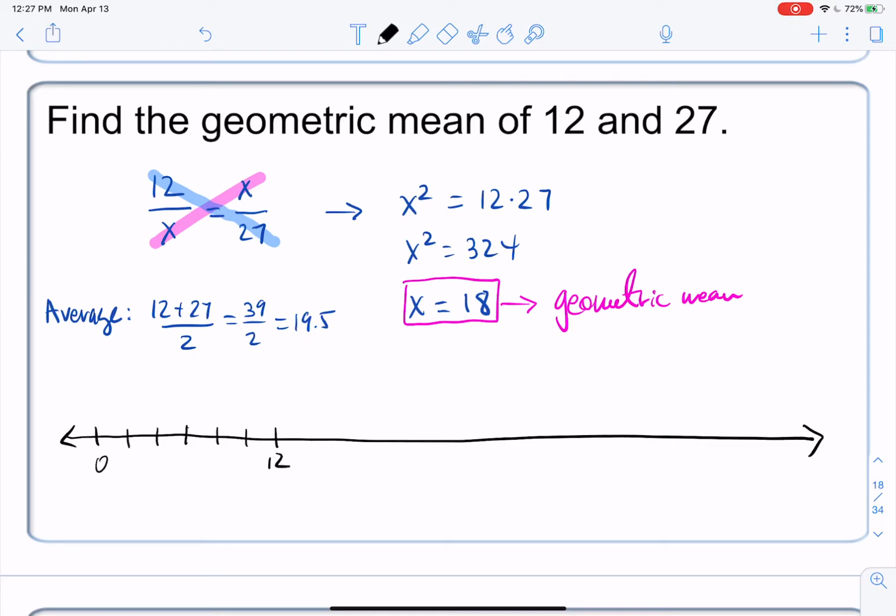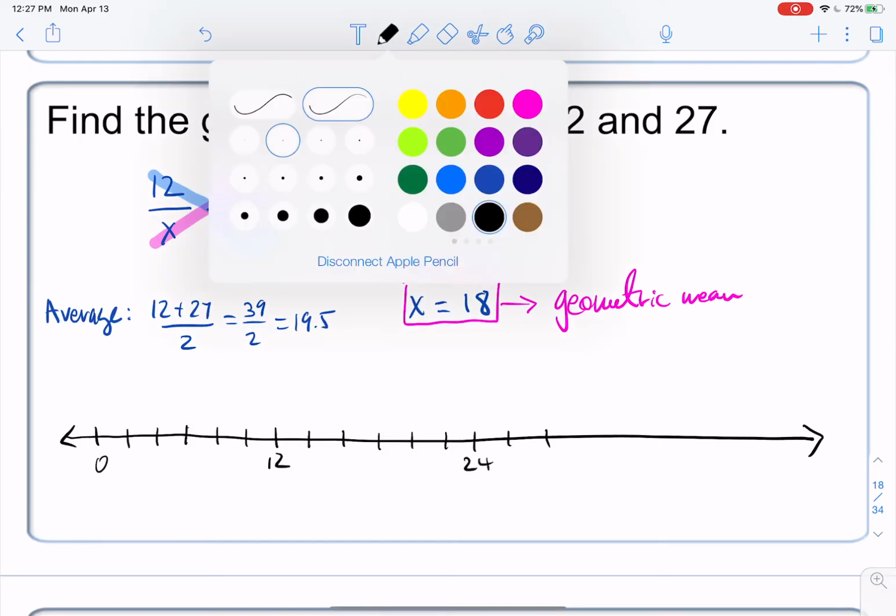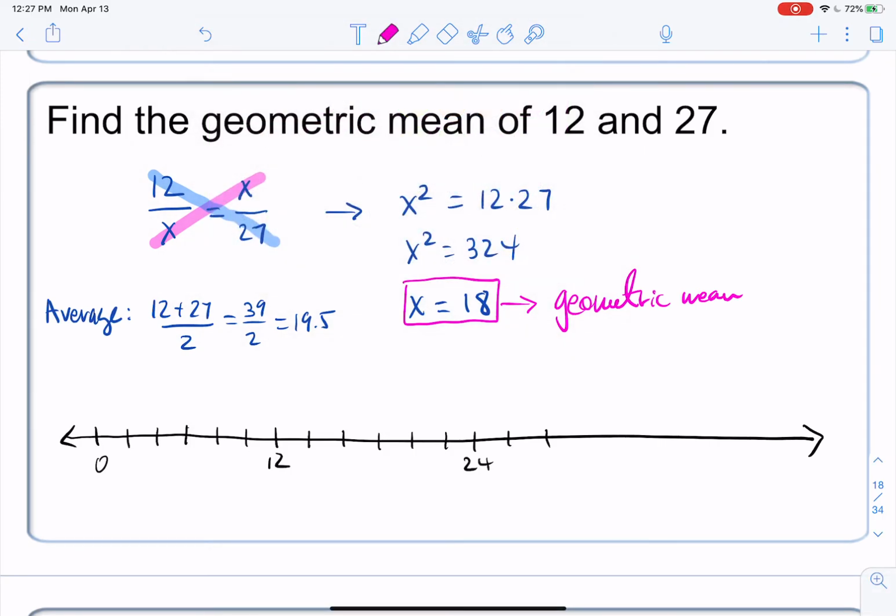Look how perfectly spaced these things are. 14, 16, 18, 20, 22, 24, 26, 28. I don't need to go much further than that. Oh, looks like I made mine a little bit too long. All right, so we have a dot here at 12, and then one at 27.